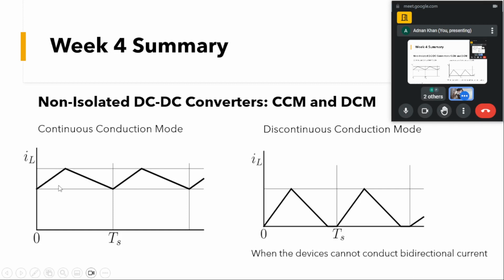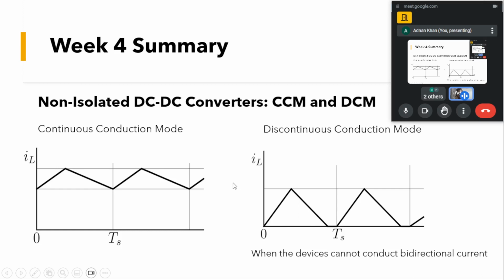When it comes down to a point here, there will be a point when the highest peak and lowest peak will be at this zero line, and that will be the boundary condition. And if our average current decreases after that as well, then our current might go negative before the time period, for one switching cycle.